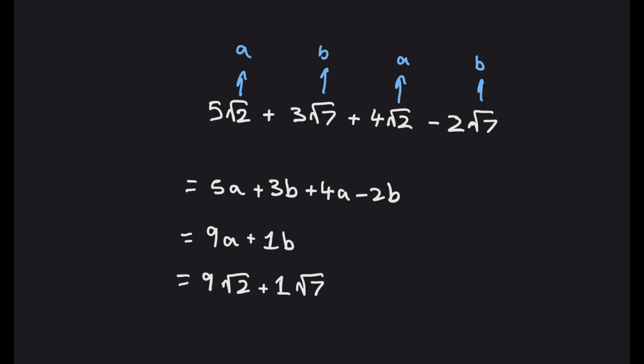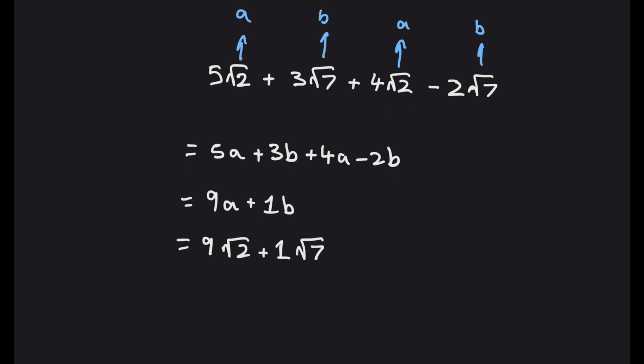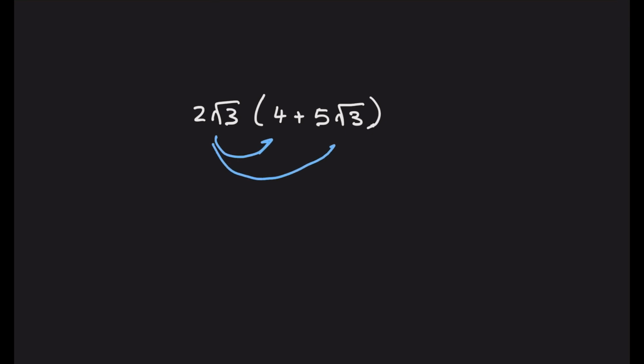And I want to do one more example, which is something they could ask: multiplying radicals. So imagine you're given something like this. I want you to think of it as the same as normal math. So you just expand it like this, right? Expand 2 times root 3 times 4, and then you do the other term.